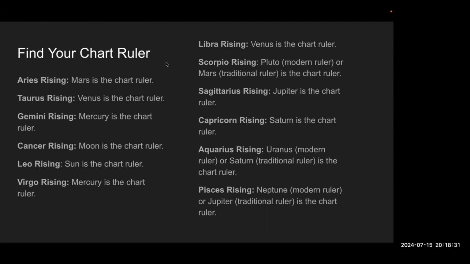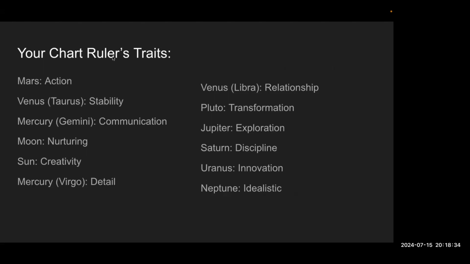Now let's look at the next thing that we're going to write down. I want you to write down your chart ruler's traits. So if you're ruled by Mars, just write down action. Or you could write down Mars traits equals action if you want to remember the planet and the sign.